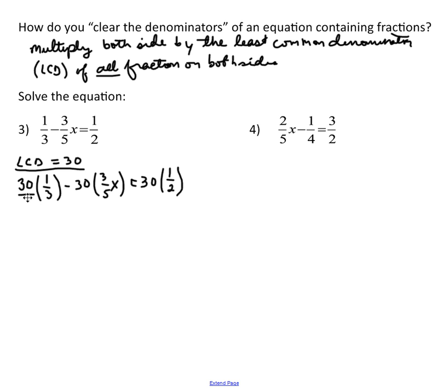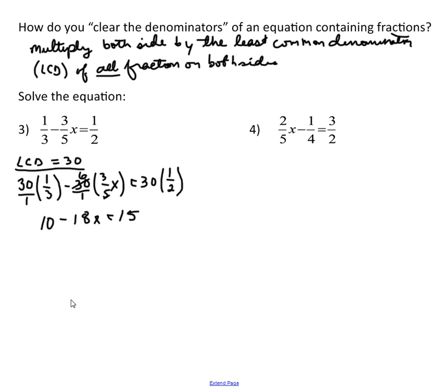Well, 30, remember, is the same as 30 over 1. 30 divided by 3 evenly just gives us 10. 30 times 3/5. Remember that 30 is the same thing as 30 over 1, and 30 is divisible by 5, which gives you 6. 6 times 3 is 18, so we're left with 18x. And that's equal to 30 times 1/2, which is 15.